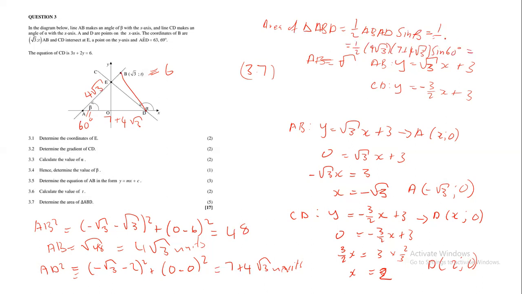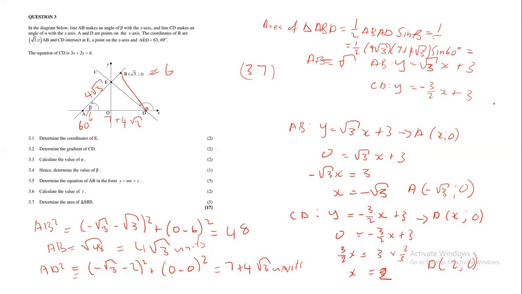And therefore, what will be our final answer? We're just going to say half multiplied by 4 root 3, close bracket, open bracket, 7 plus 4 root 3. No, I just punched 1, 7, not 1. And therefore, I close my bracket. And therefore, we're going to round our final answer to 2 decimal places.